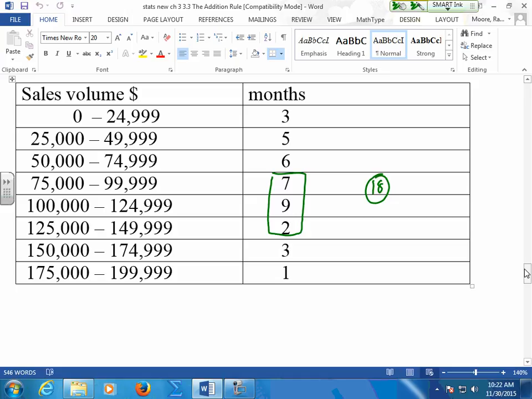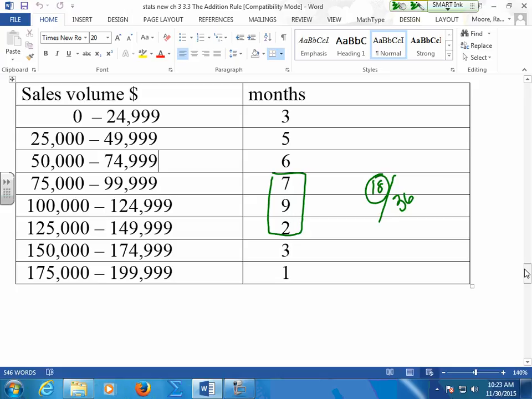So 18 out of what? Does it give us a total? It says no, so what is my grand total there? 36? Yes.